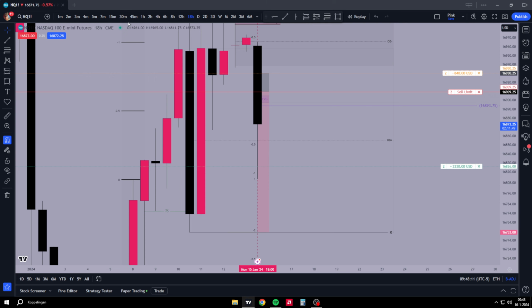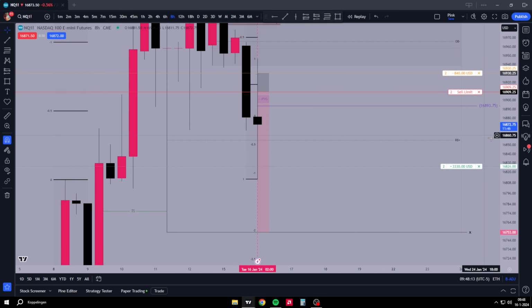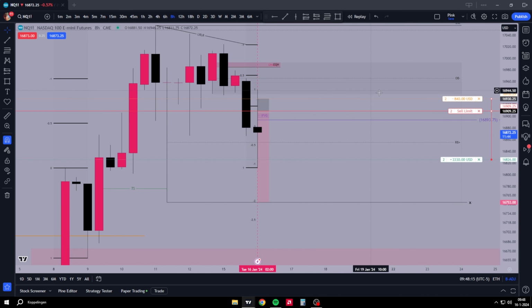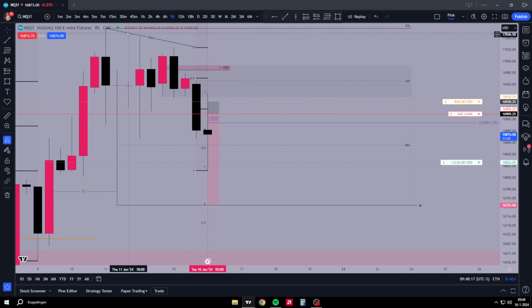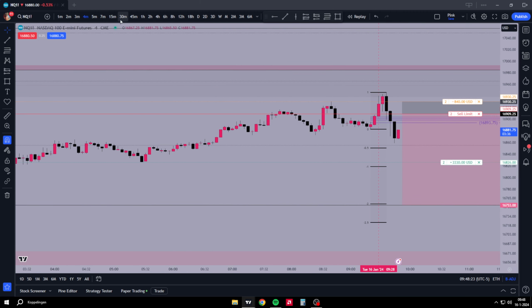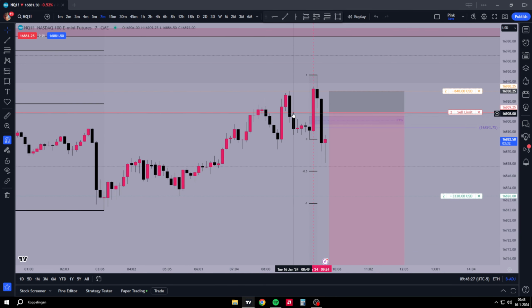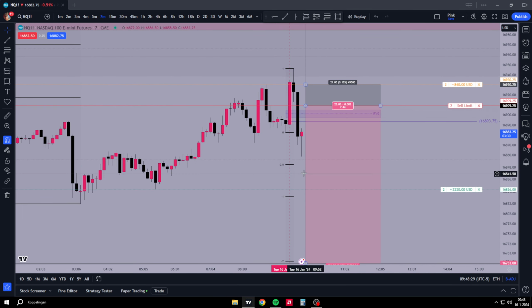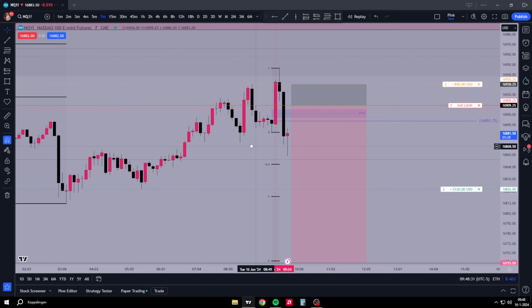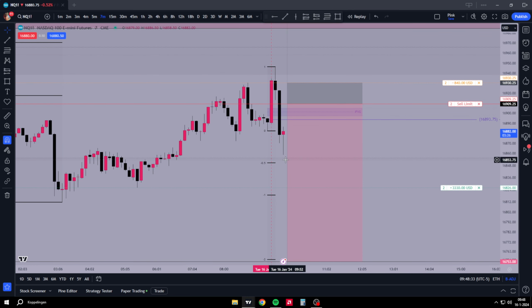Alright, so we're getting like a small retracement. 11 minutes. We could still find a retracement off of this Reaper and then go down all the way below constant encroachment.